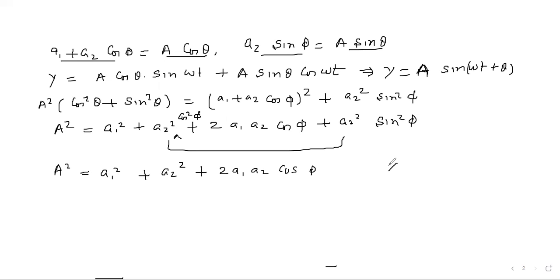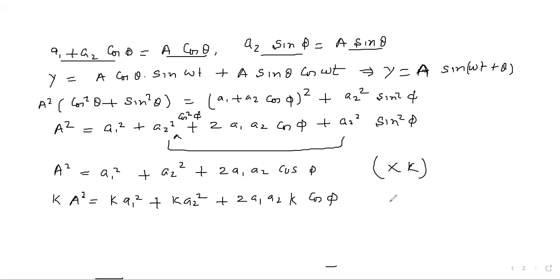Now we multiply each term by k, a proportionality constant. So k A square equals k A1 square plus k A2 square plus twice A1 A2 k times cos phi. Here we know that intensity is directly proportional to amplitude square. So intensity equals k times A square. This is why I have multiplied each term by k.